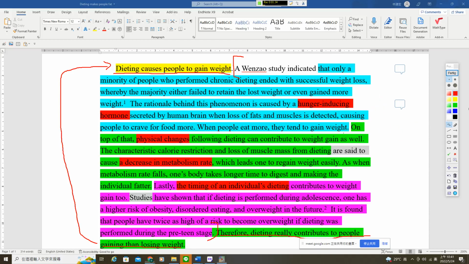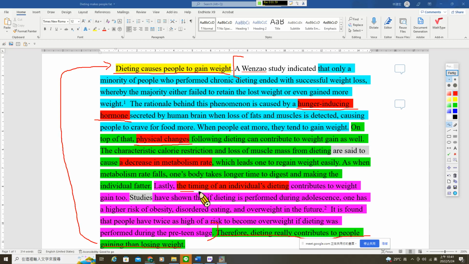So basically, there are three major pieces of evidence that we use for this one. Dieting causes people to gain weight because of, one, hunger-inducing hormones. The other one is that physical changes can cause the problem, because the physical changes will decrease the metabolism rate.